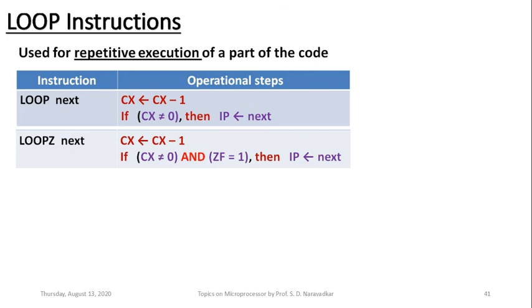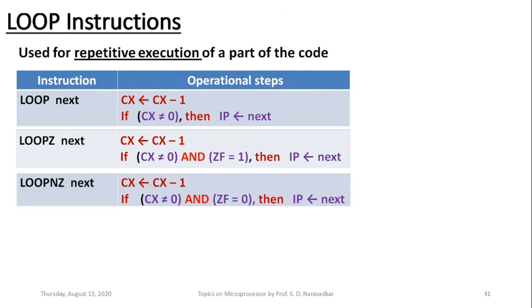Then the next loop instruction here, loop while not zero, LOOPNZ next. The alternate mnemonic is loop while not equal, LOOPNE, and then the label next. In the case of this third loop instruction variation, the basic function remains the same.